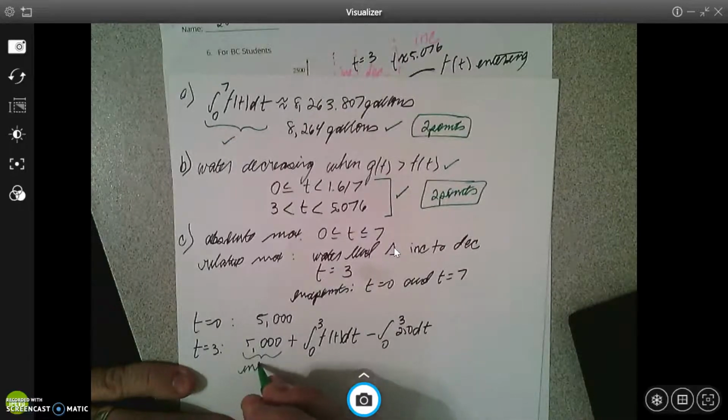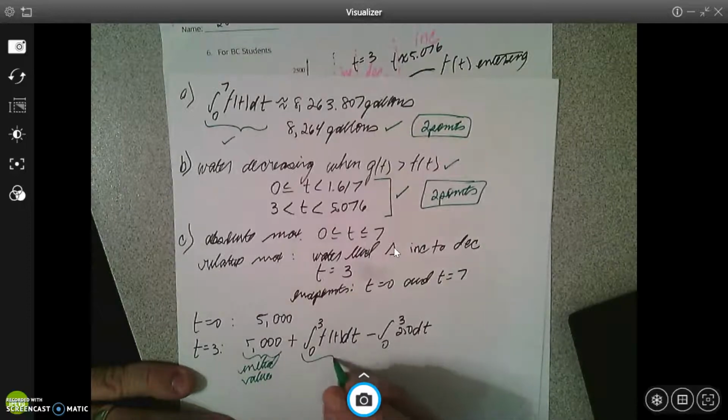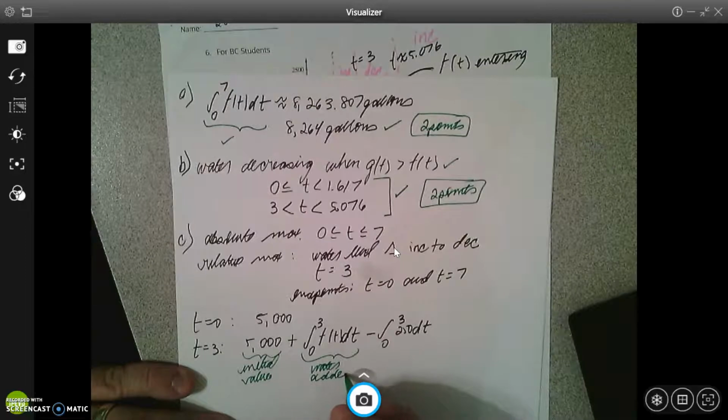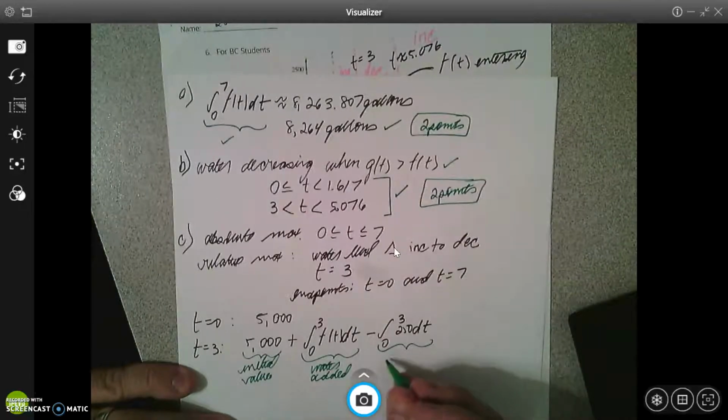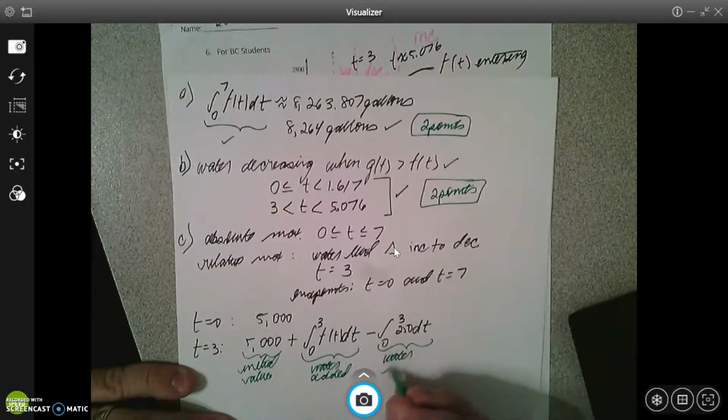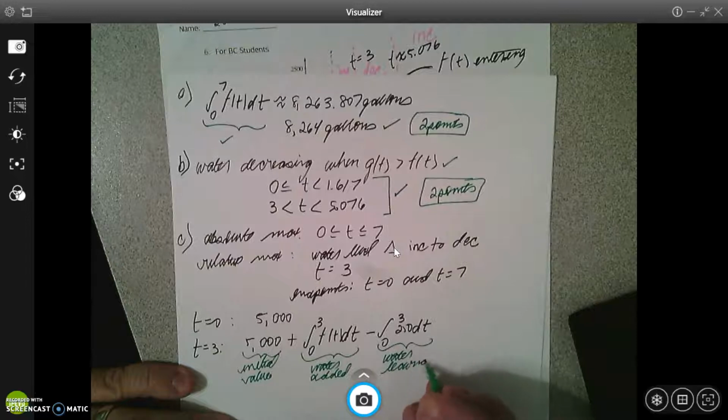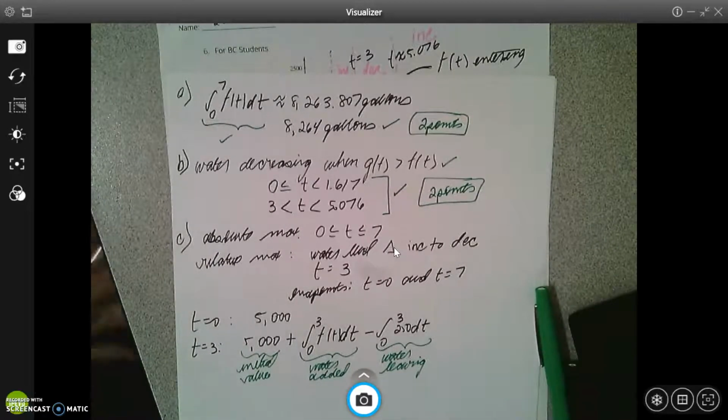Just so that we're clear, this 5,000 is your initial value. This integral represents water added. This integral represents water leaving. Let's switch over to the calculator and see what this value is.